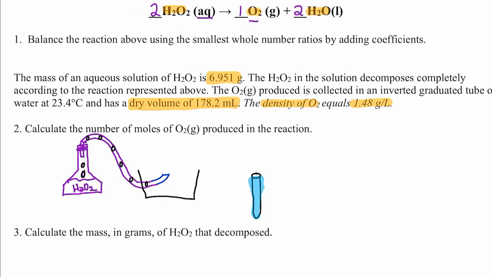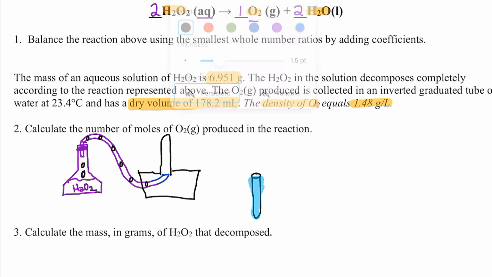So the tube is going to be inverted and pushed underwater, and that tube is going to be under that tube there. And when this gas bubbles, it's going to push all of that water out, and we're going to collect the O2 gas right there.